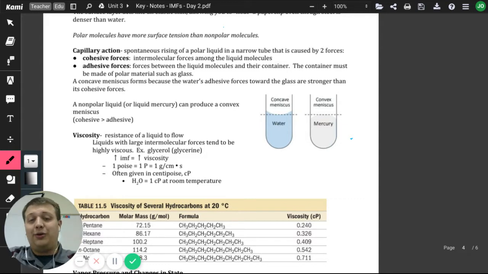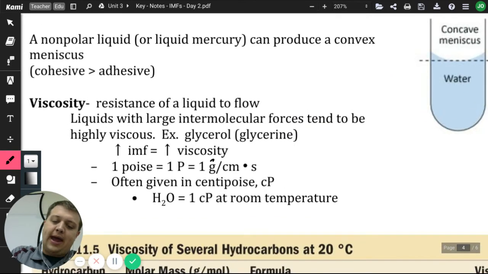Now, one of the units that we do use for viscosity is a poise. And so the poise is basically just 1 gram per centimeter second, a mass per centimeter seconds.